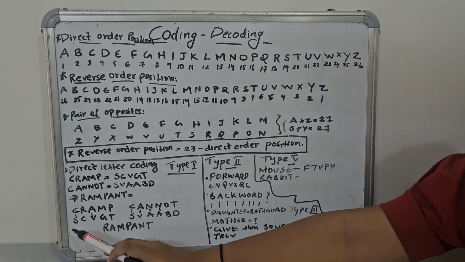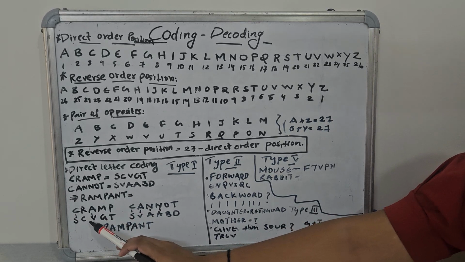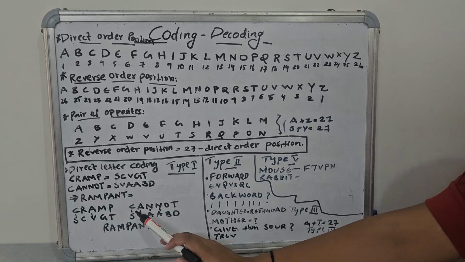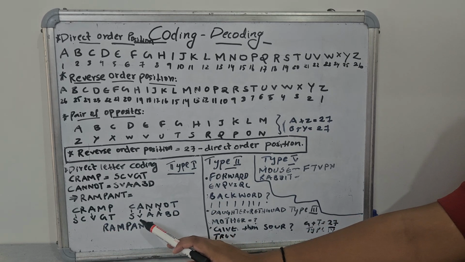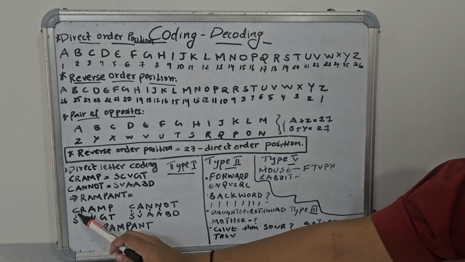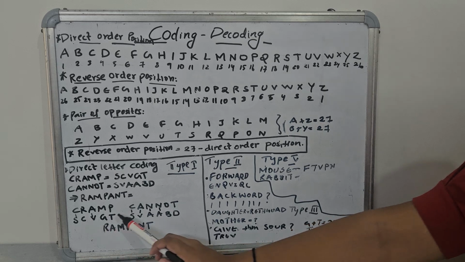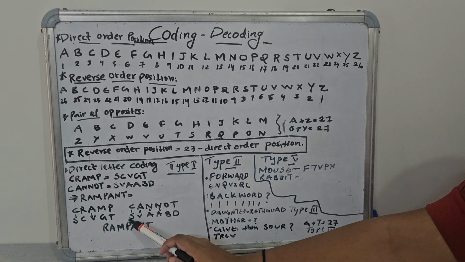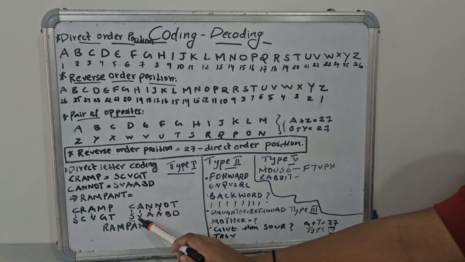So CRAMP is written as SCVGT and CANNOT is written as SVAABD. Looking at the direct positions, C is S and A is V, which is common. Here also C is S and A is V.